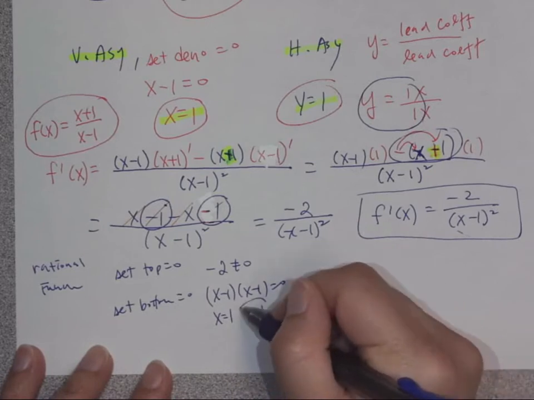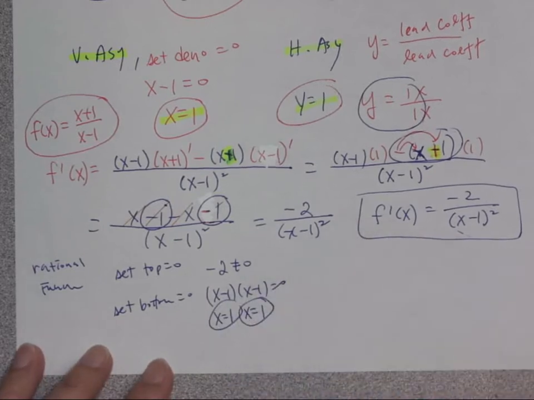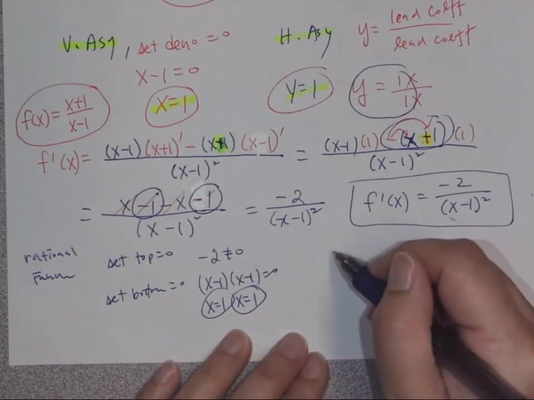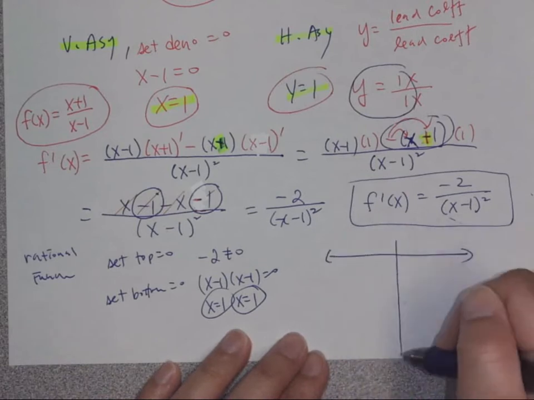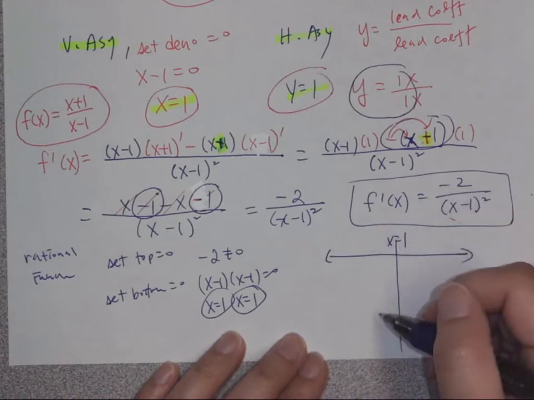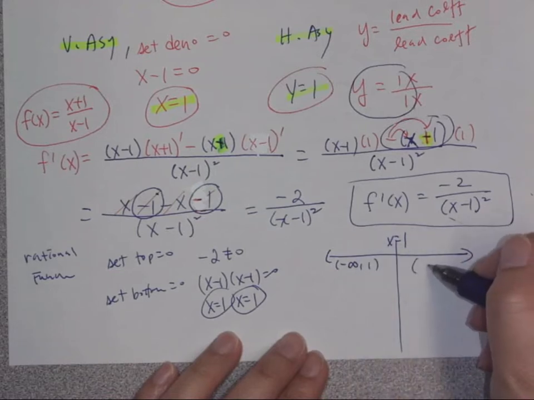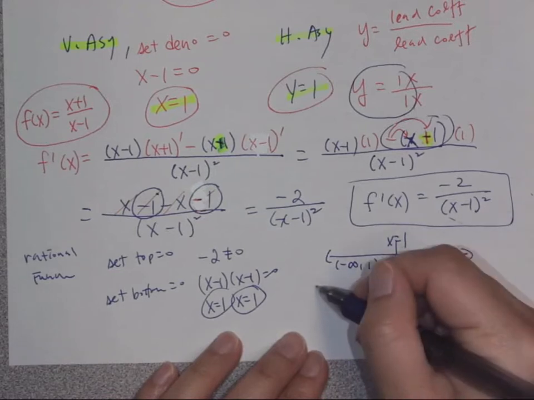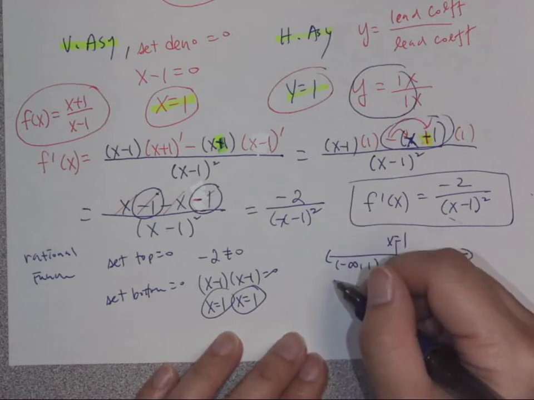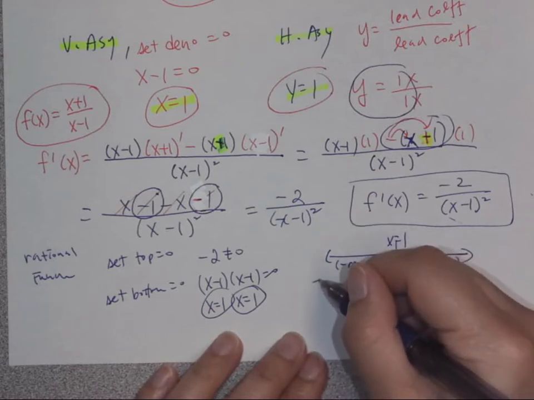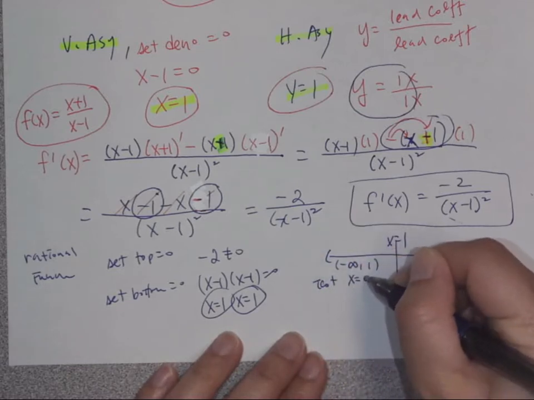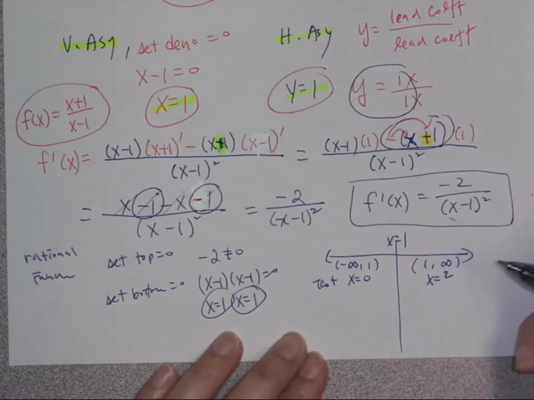So x equal to 1 is the critical number. And then remember we set up a table, x equal to 1. So this is negative infinity to 1, and then 1 to infinity, and we test a number. So test x equal to 0, x equal to 2 maybe.